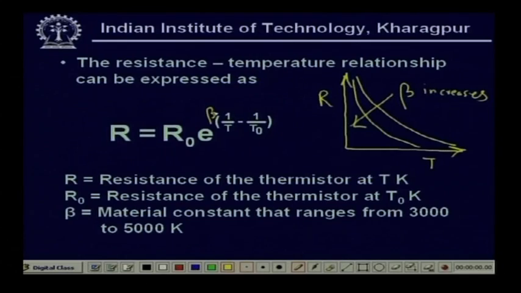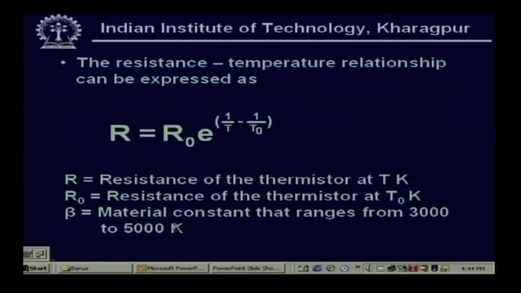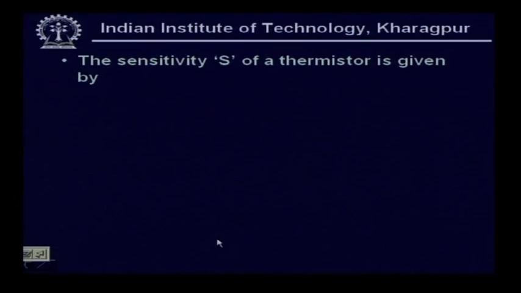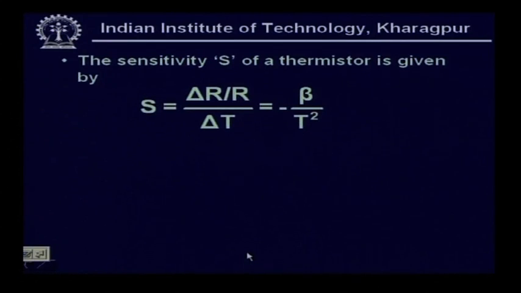I should go back. As I told you, beta should be multiplied. The sensitivity S of a thermistor is given by S equal to delta R by R by delta T. If you derive, then I will get minus beta by T square.